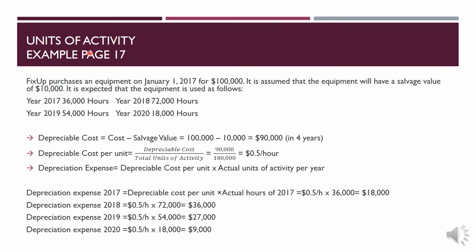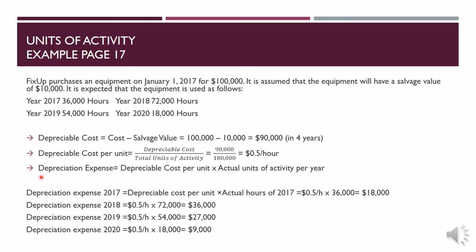So here we have an example which is found on page 17. Here the company purchased an equipment for $100,000. The salvage value is $10,000, and it's expected to be used for 4 years, and the activity level here is given. For example, in 2017 the company will use the equipment for 36,000 hours. In 2020 it will use it for 18,000 hours.